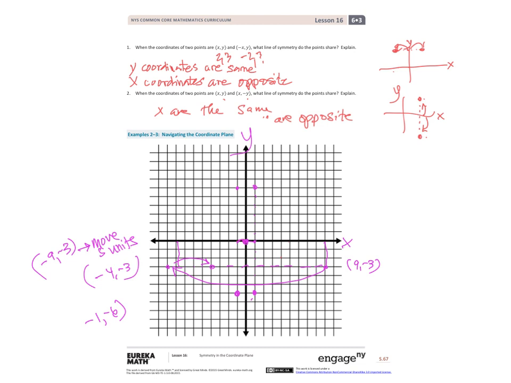If I go over 1 and then drop down, -1, -6, or if we reflect over the y-axis, I'm trying to figure out if we are at our 0, 0, we move right 1 unit.